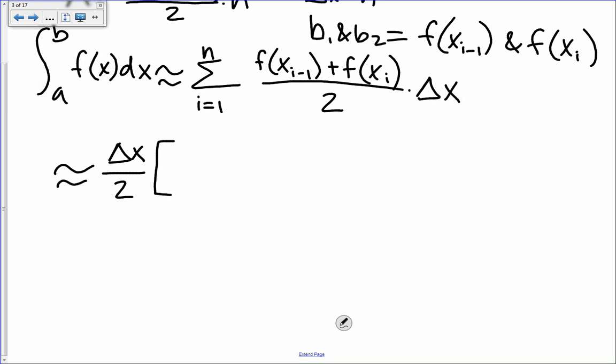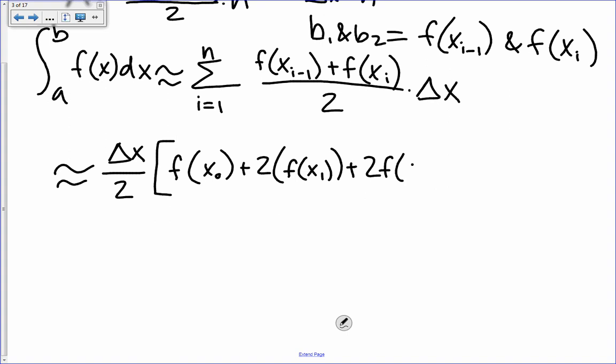Now, the formula I'll write out first and then I'll explain it. So it's f of x sub 0 plus 2 times f of x sub 1 plus 2 times f of x sub 2. We continue on like that until we get 2 times f of x sub n minus 1.